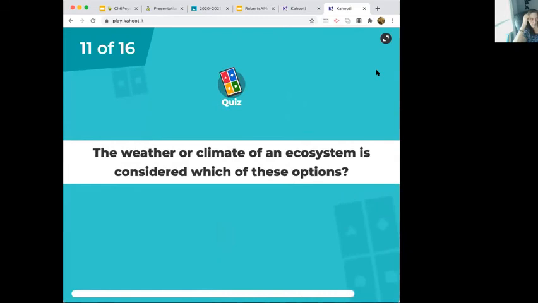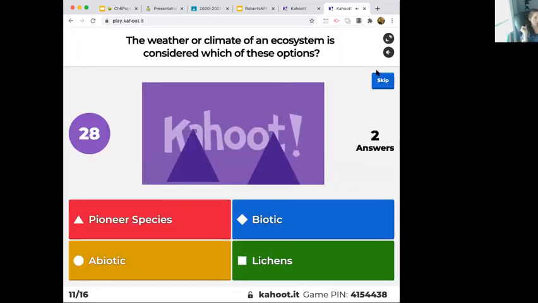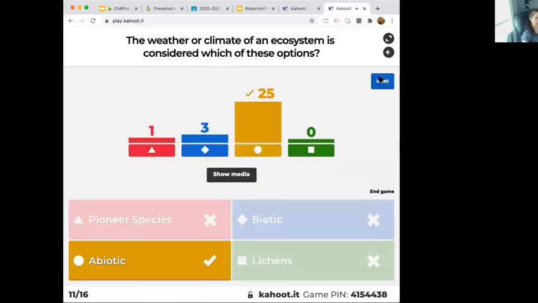The weather or climate of an ecosystem is considered which of these? Yes, not living. So abiotic, the A or AN means without or to not have life.